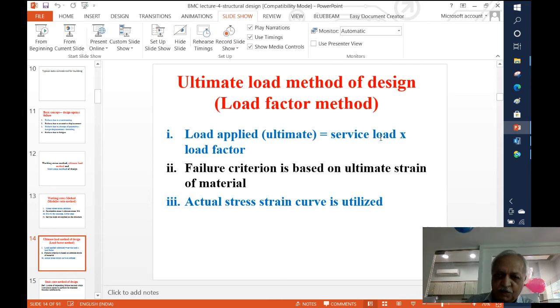So I can say that I have so much load factor, or factor of safety for that matter, though they don't call it a factor of safety in ultimate load theory. It is called the load factor. So with a load factor of 1.8, if the load is increased by 1.8 times, it is definitely going to fail. So I have the failure criteria somehow related in my design process itself.